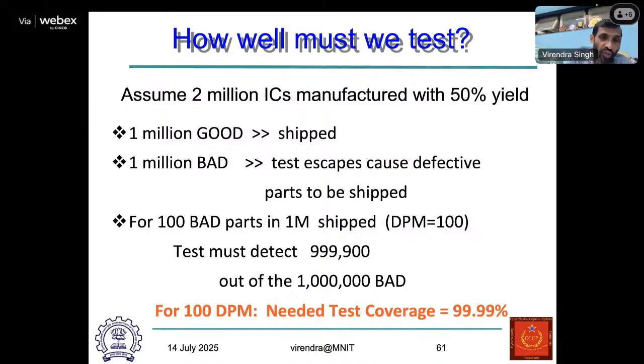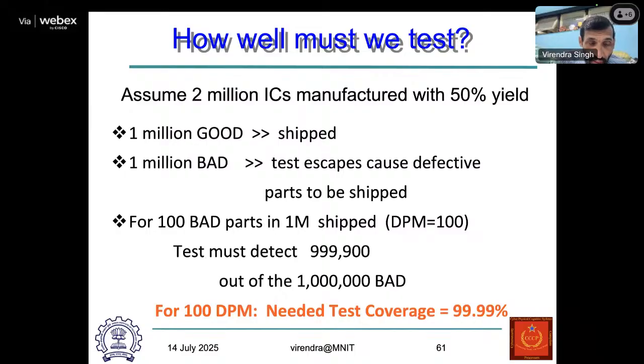However, out of this 1 million bad chips that I have manufactured, because my DPPM requirement is 100, I cannot afford to have more than 100 bad devices shipped in the market.